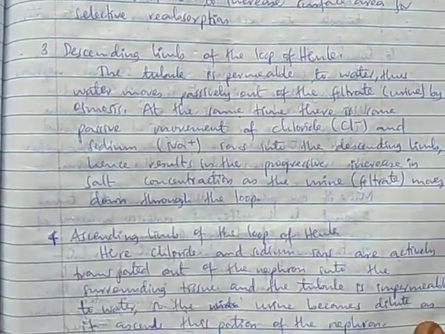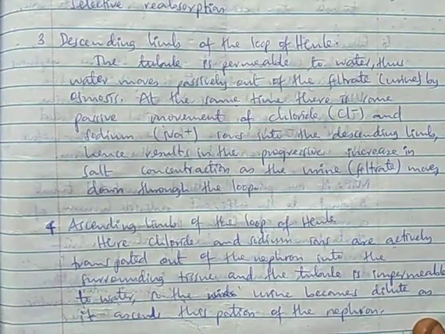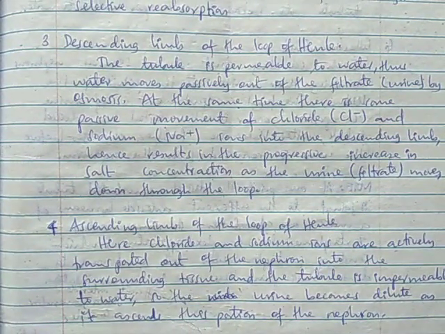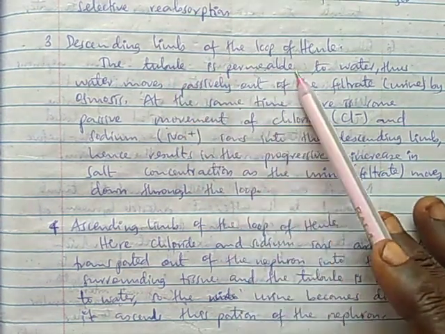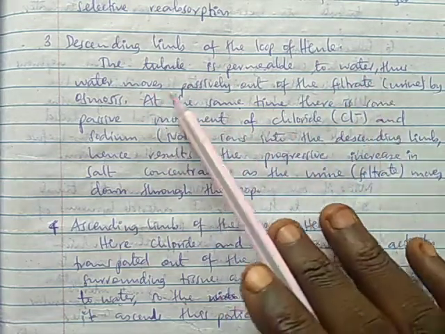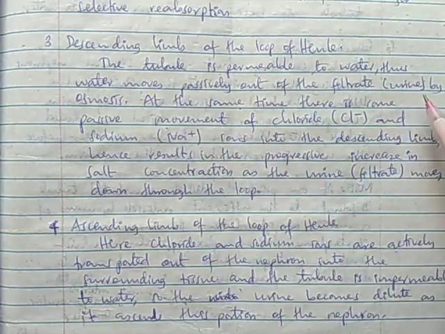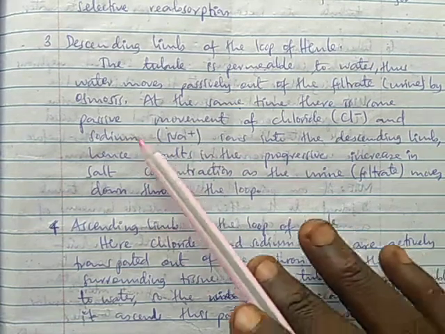Number 3 is descending limb of the loop of Henle. We have no more explanation about this, but we'll discuss it later in depth when we'll be discussing about the countercurrent multiplier. So the tubule is permeable to water, thus water moves passively out of the filtrate, that means urine, by osmosis.